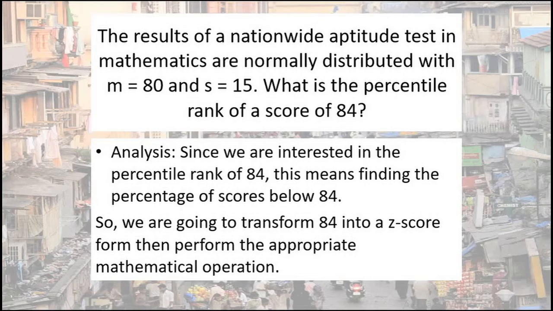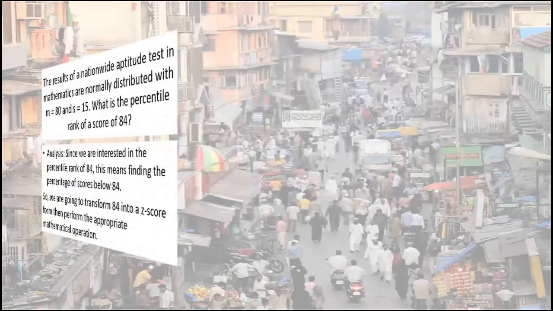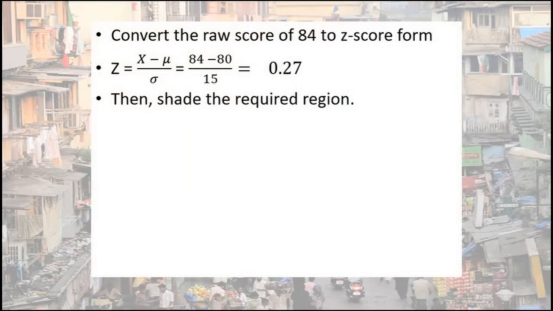So we are going to transform 84 into a z-score form, then perform the appropriate mathematical operation. Convert the raw score of 84 to z-score form. So z is equal to x minus mu over sigma. So that is 84 minus 80 over 15, which is equal to 0.27.